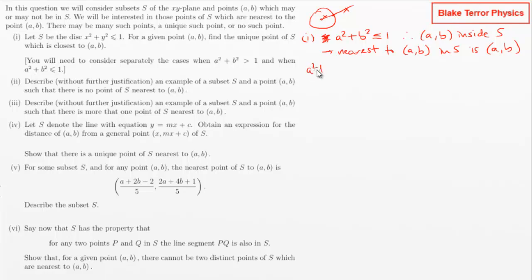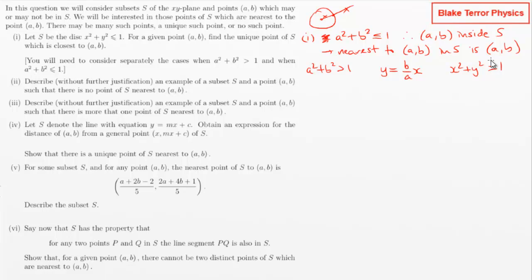So we've got a squared plus b squared is greater than 1. We've got a line then which is going to be y equals, well, b over a is the gradient, isn't it? b over a x. And we've got that x squared plus y squared is equal to 1 because we want to get a point on the edge of the disk.